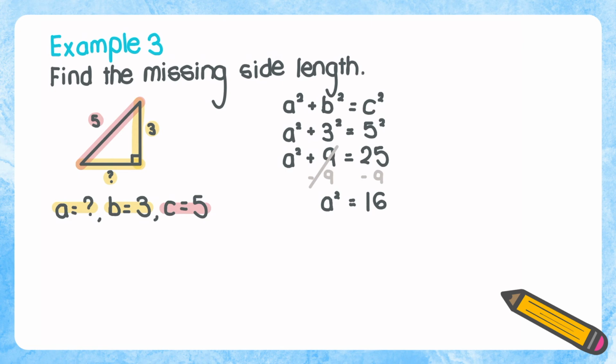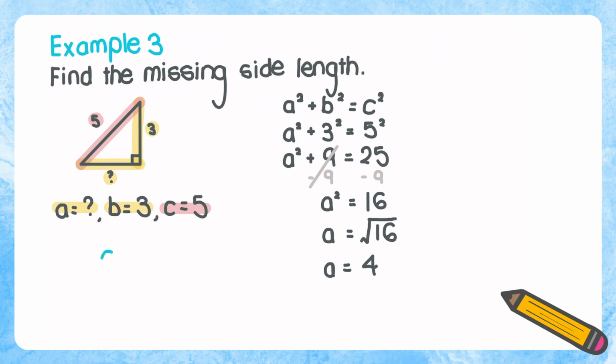Now let's take the square root. So a equals the square root of 16. 16 is actually a perfect square. The square root of 16 is just 4, because 4 squared equals 16.